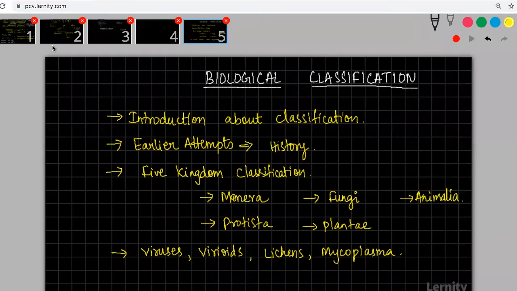You can take it down as some running notes. If you're taking it, it's good. But as per the CBSE syllabus, this is what is there. So we have to study something which is old. Now we are using something called a domain classification, a 3 domain classification, in which organisms are grouped into 3 categories.